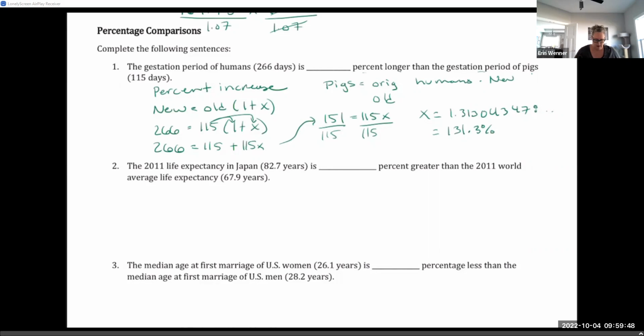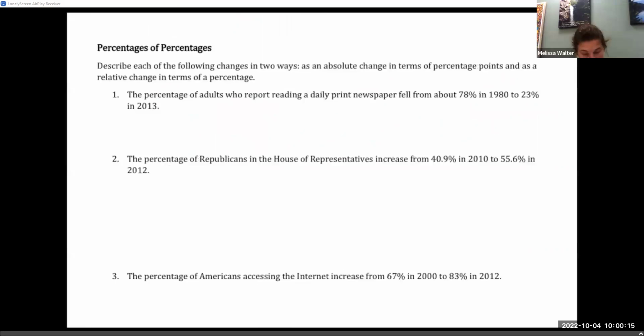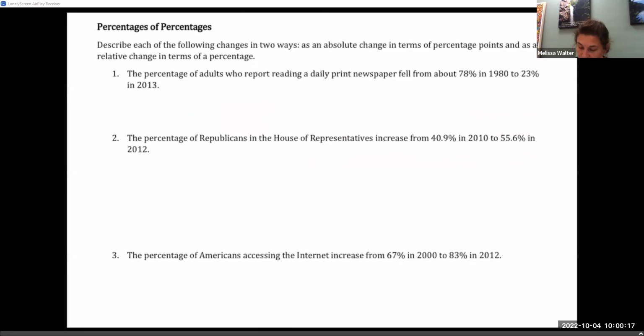And then for number 3, looking at median age at first marriage, the median age of US women is percent less than men. So men will be our starting amount and women would be our ending amount.